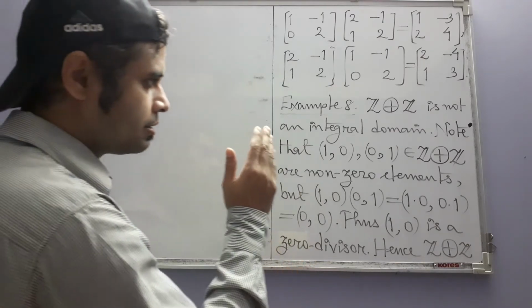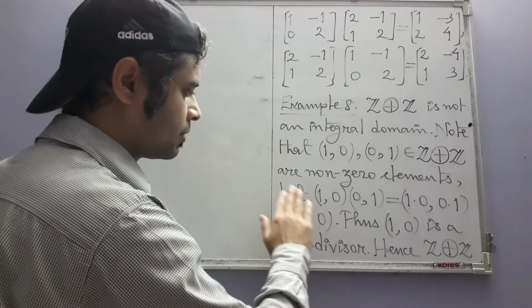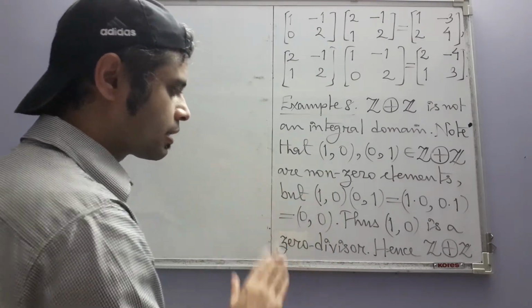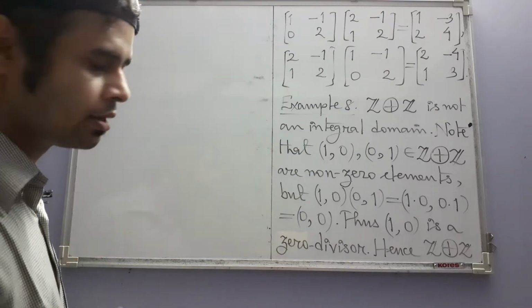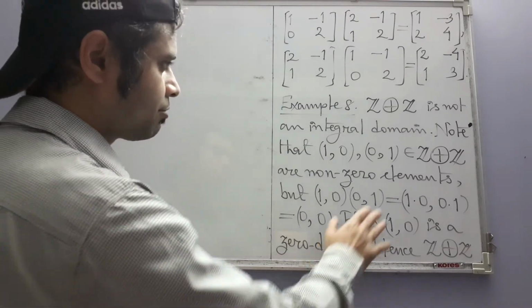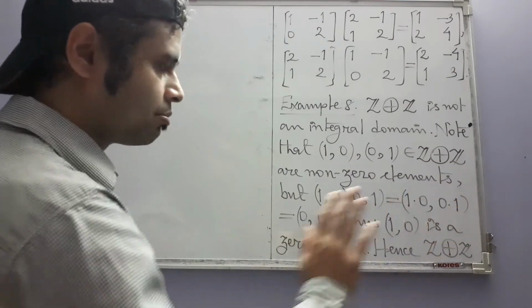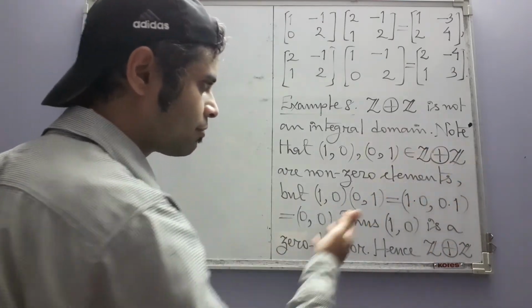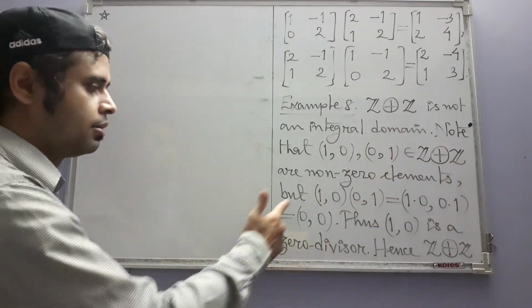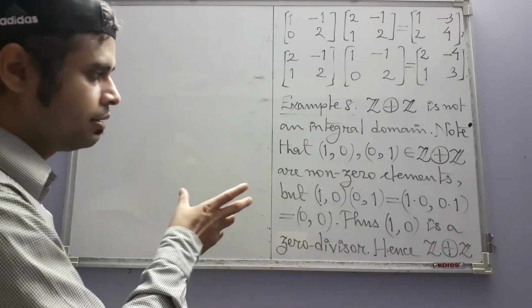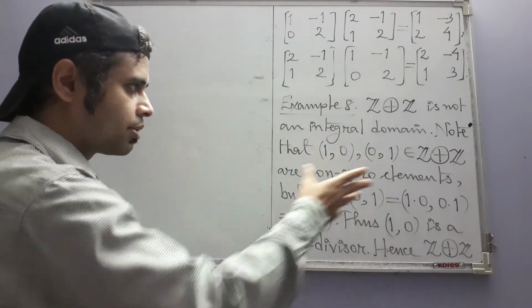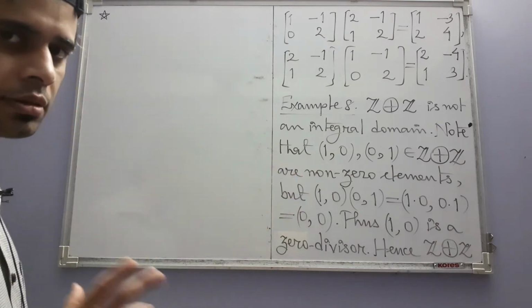So in such a direct sum, zero divisors can always be found, so none of them will ever be an integral domain, in spite of the fact that all of them will be commutative, provided the rings you have taken are commutative and provided the rings all have unities, so that you can take them together and form the unity of this direct sum.